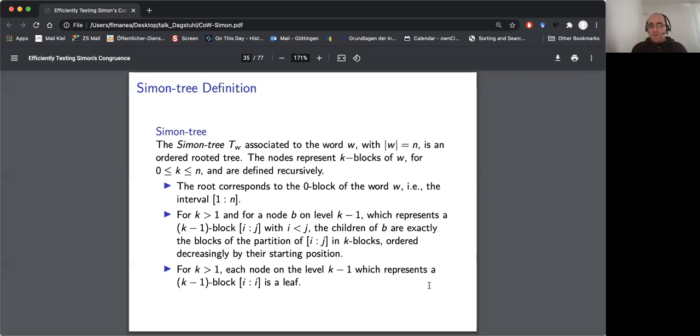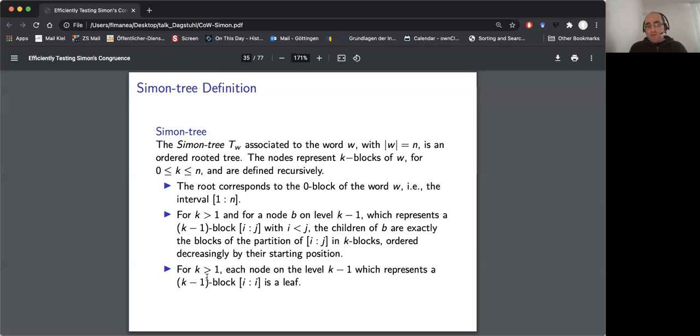Now, how do we actually construct this tree and how do we actually define it? Well, the definition is kind of straightforward. The Simon tree, T_W associated to the word W, is an ordered rooted tree. The root corresponds to the 0 block, and then for K greater than or equal to 1 and for a node B on level K minus 1, which represents a K minus 1 block, the children of B are exactly the blocks of the partition of IJ in K blocks, ordered decreasingly by their starting position.